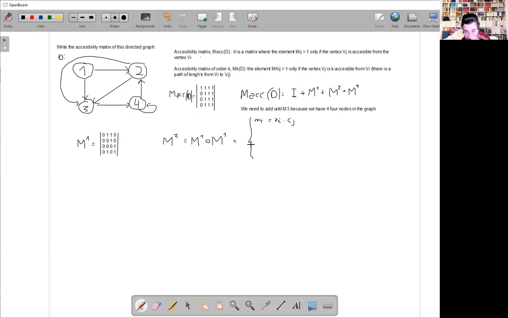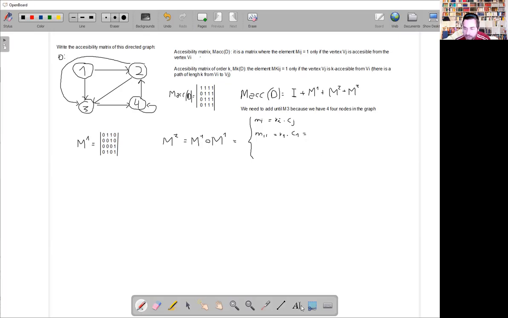Well, in this case, it is the same matrix, right? We have in both places the same operands, the same matrix. So it will be the row I multiplied by the column J. So for instance, the position 1, 1 will be the row 1 multiplied by the column 1.